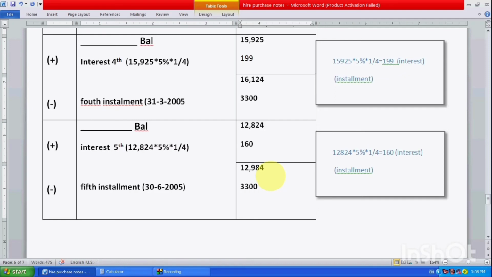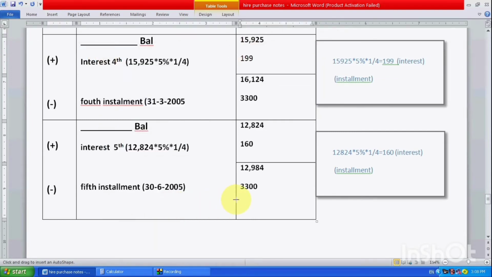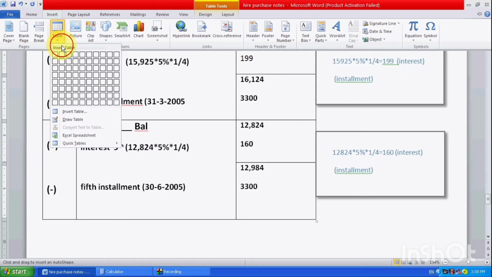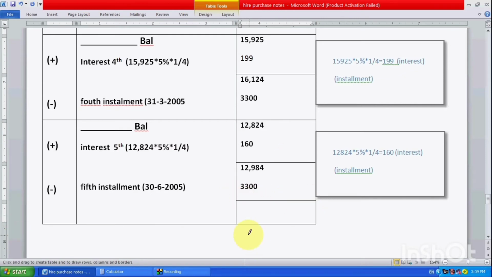So the balance after deducting 3,300 from 12,984. Let's calculate this one first. Let's make the line for balance.